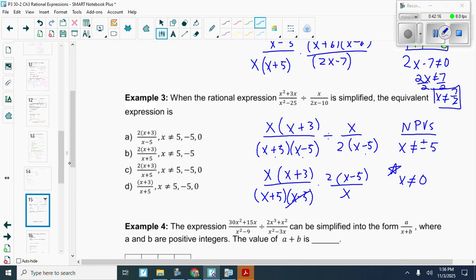Now we can simplify here. We've got an x here and an x here, so I have 2x plus 3 all over x plus 5. X cannot equal 0 and plus or minus 5. So I would have chosen C. B might have interested me, but it didn't have all the NPVs because it missed the one from when it did the reciprocal.